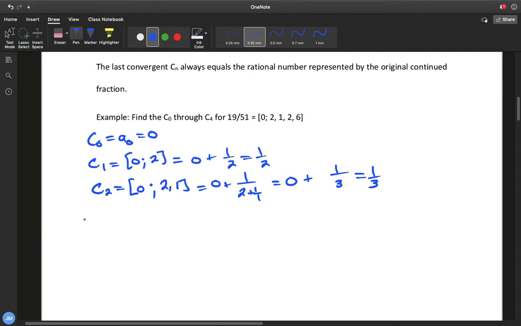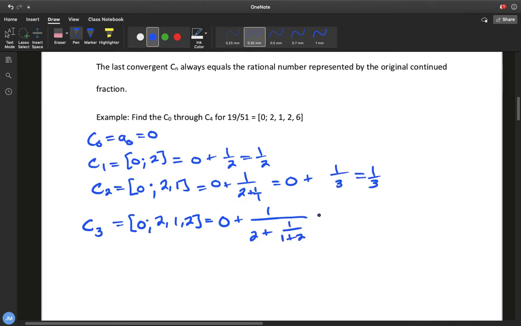C sub 3 gets a little bit more complicated. The notation, though, is pretty familiar. So you're going to be using 2, 1, and 2 for this continued fraction, which then would be written as 0 plus 1 over 2 plus 1 over 1 plus 1 over 2.